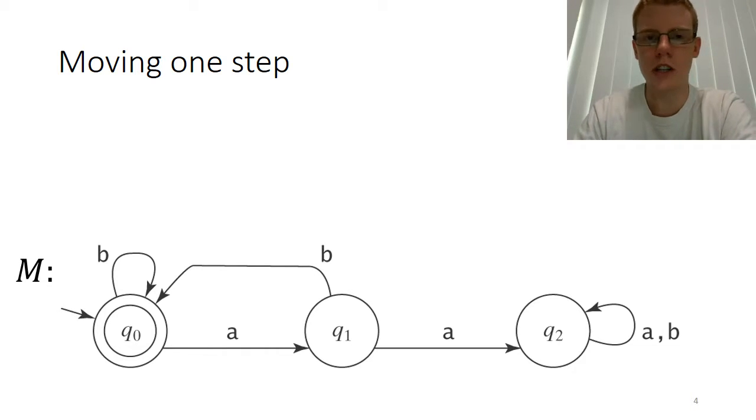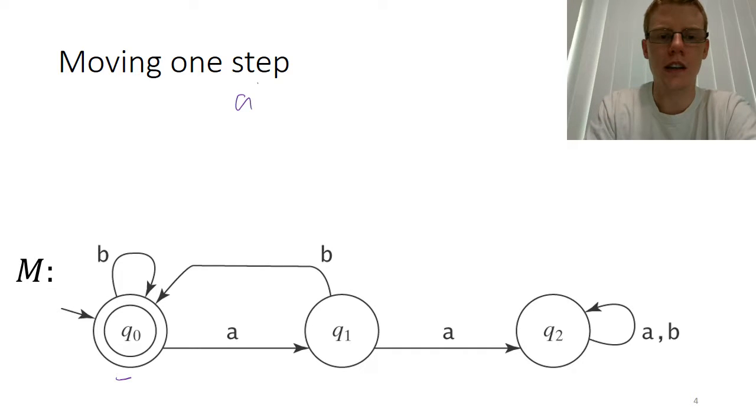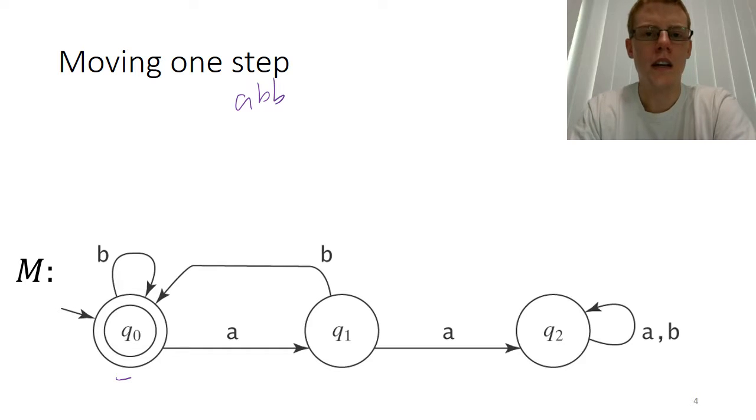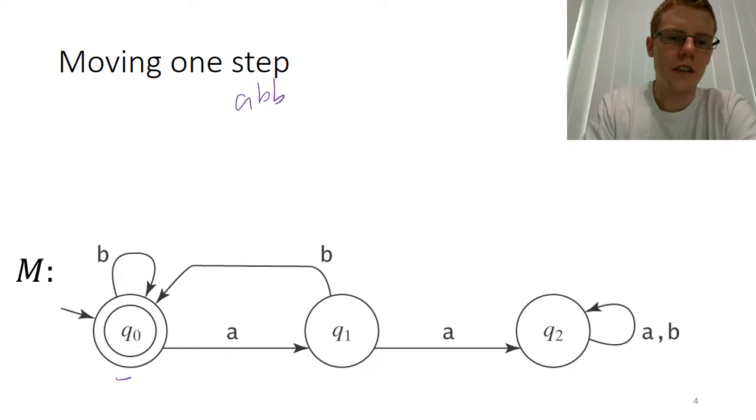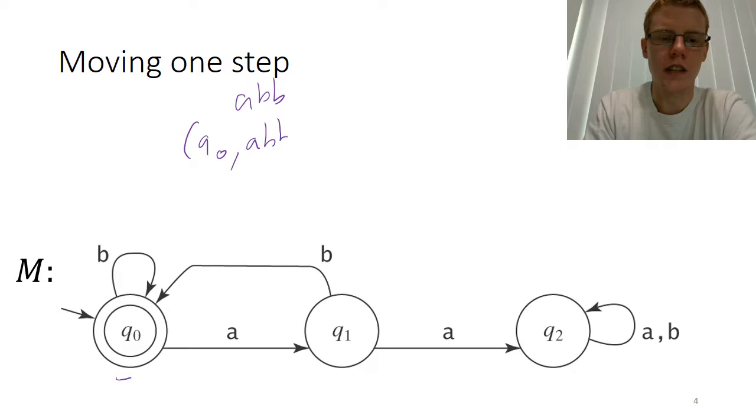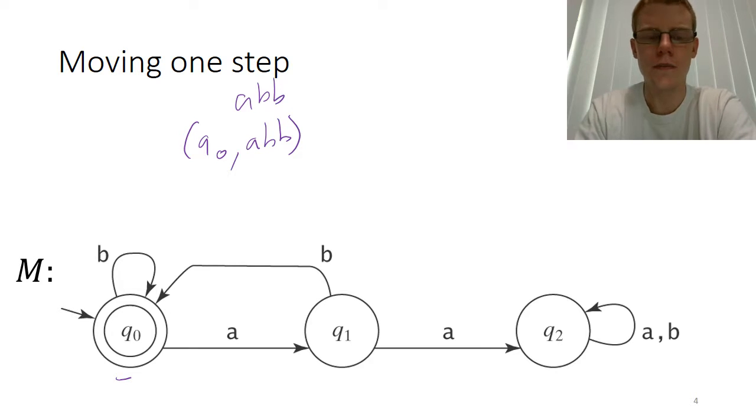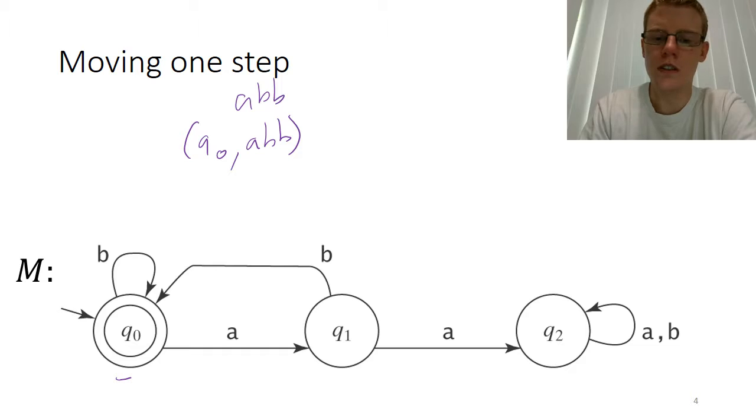So let's consider this machine here, which has start state Q0, and let's consider the string ABB. The start configuration, as we said, so the initial configuration, is just the start state and the string. And we can see that because this is a deterministic finite state machine, we've only got one option. Well, the only thing that we can do with this particular input is transition over to this state Q1.